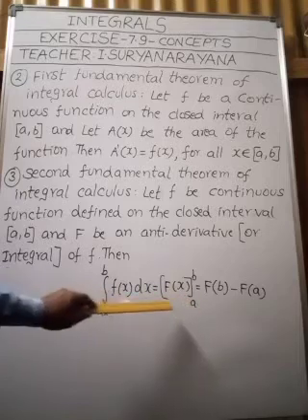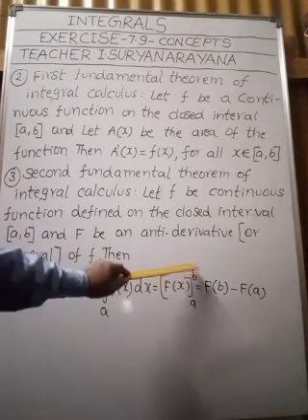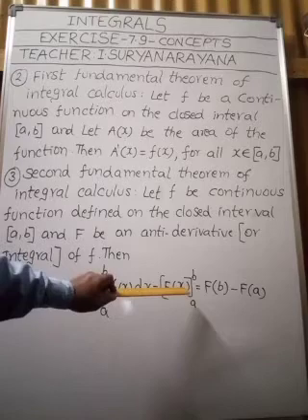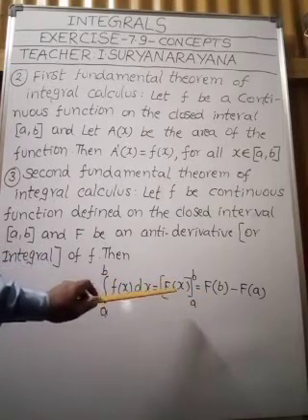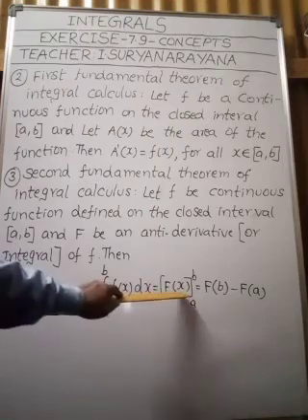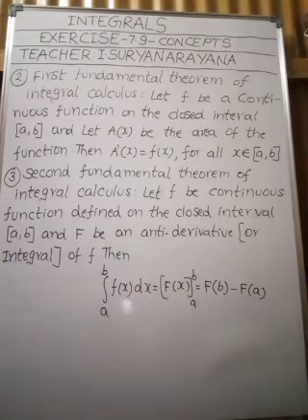After that, we write the lower limit and the upper limit here and here. This is the notation. In this function, we need not write plus c. We should not write a constant of integration while finding definite integrals. Remember this point, my children.